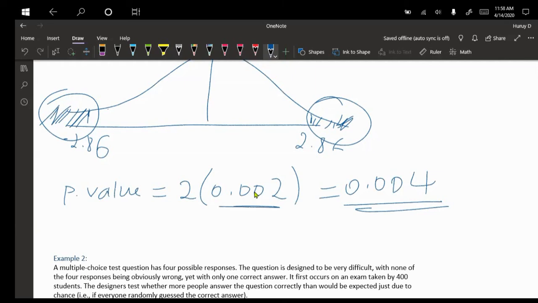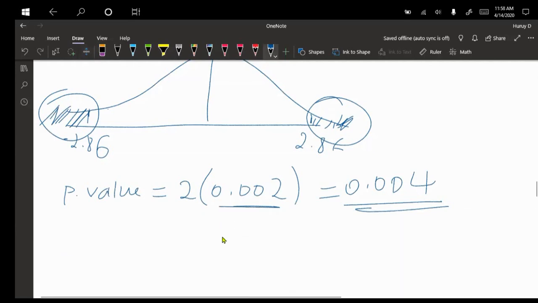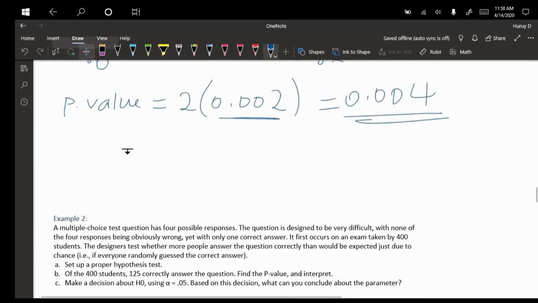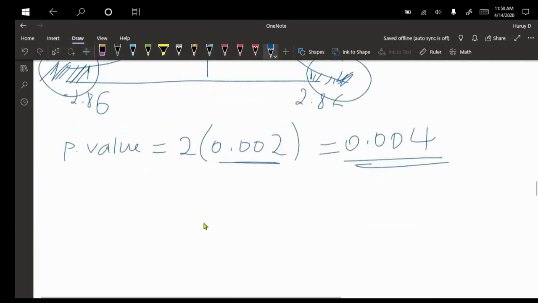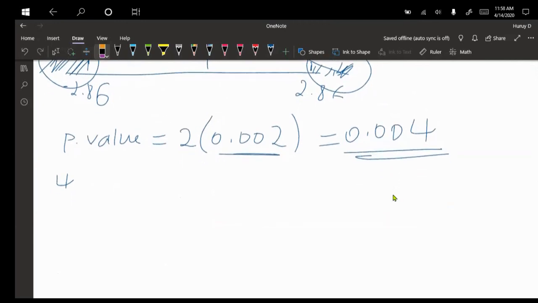Now, our next step is the conclusion. So based on what we have, what do we conclude? Step number 4.